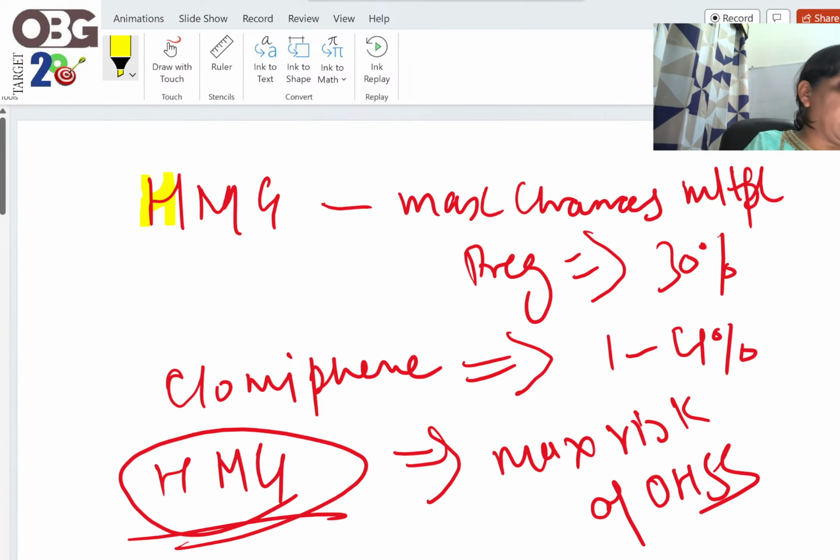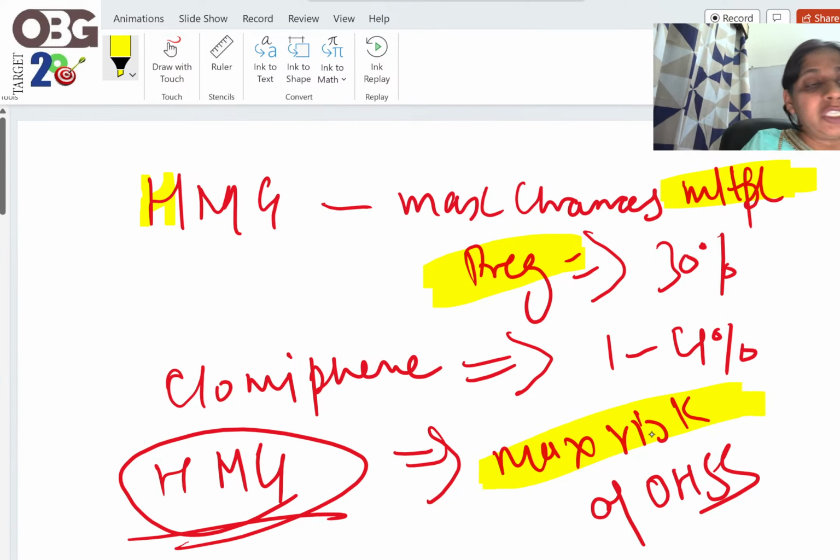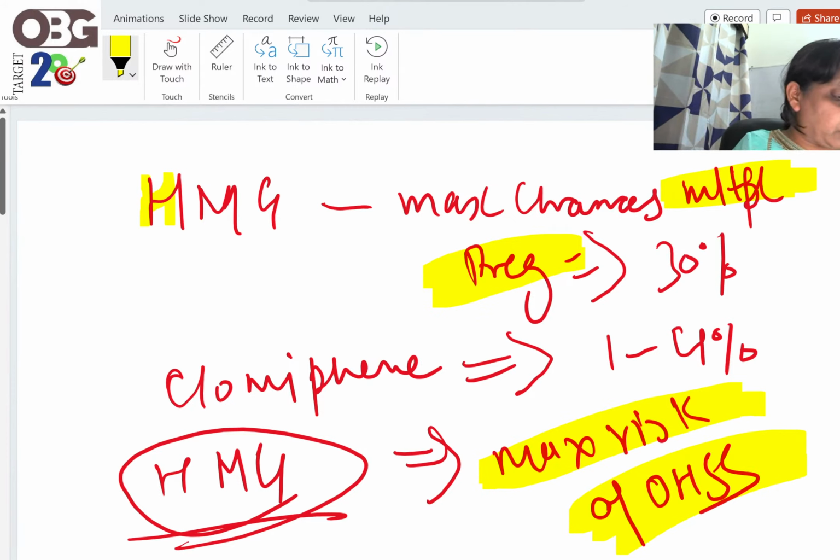So these 2 things you have to learn for HMG: there are maximum chances of multiple pregnancy with HMG ovulation induction, and there are maximum chances of OHSS. Okay, so this you have to learn.